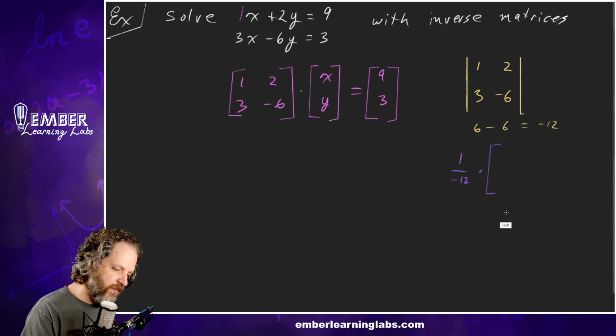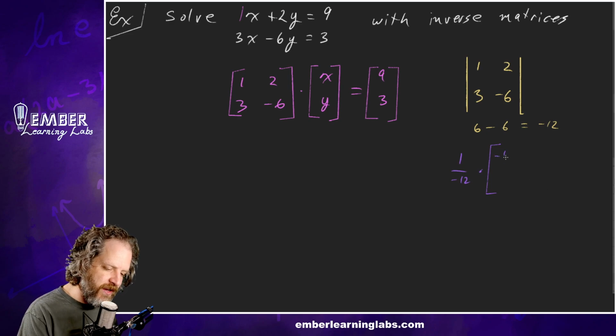Here we go. Flip these, so -6 over here and 1 right there. Then flip the signs here, so -3 and -2.